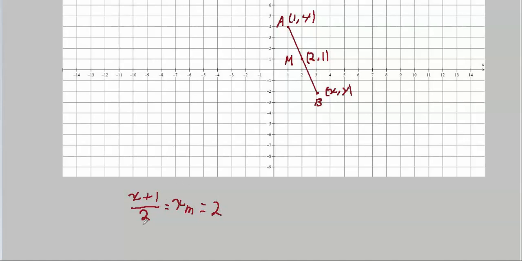So we multiply through by 2, and what do we get? x plus 1 equals 4, or x equals 3. And the way I drew it, it's pretty close.